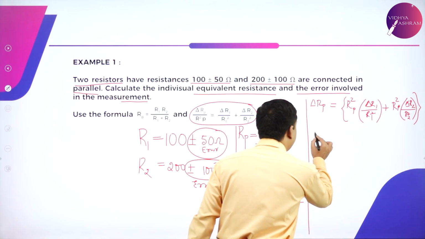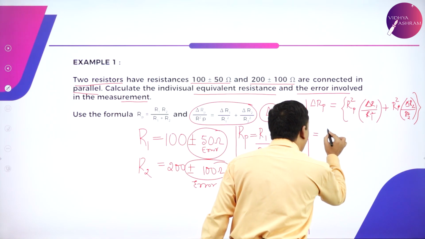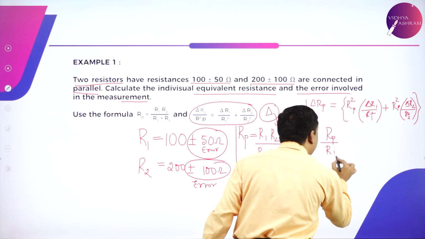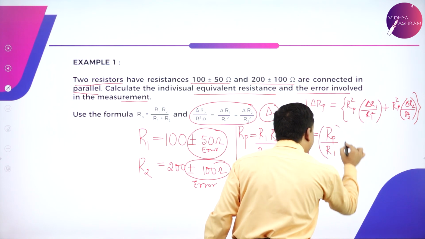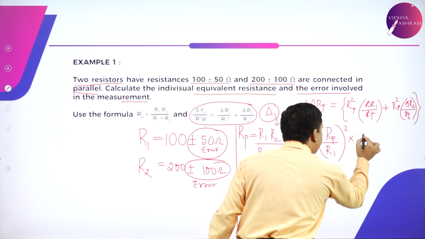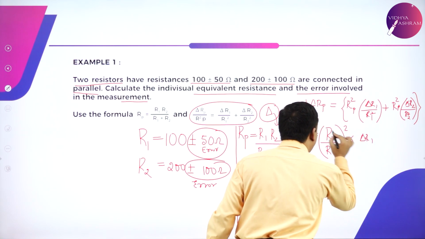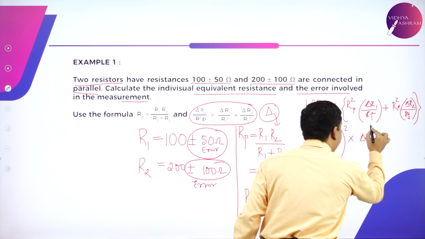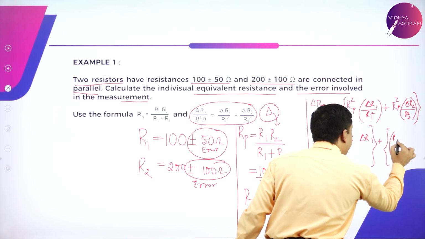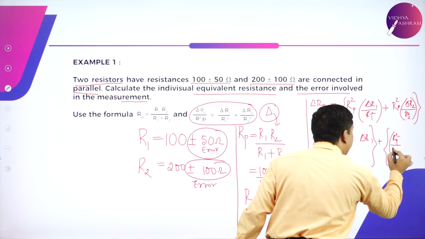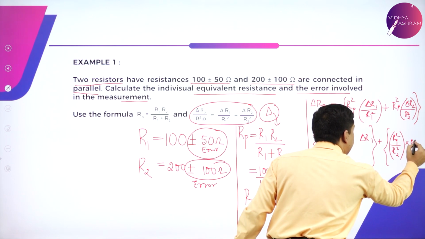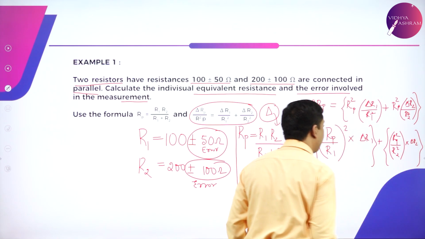And this is equal to, I put all the measured values on one side. RP divided by R1 whole square into delta R1 plus, again, RP whole square divided by R2 whole square into delta R2.